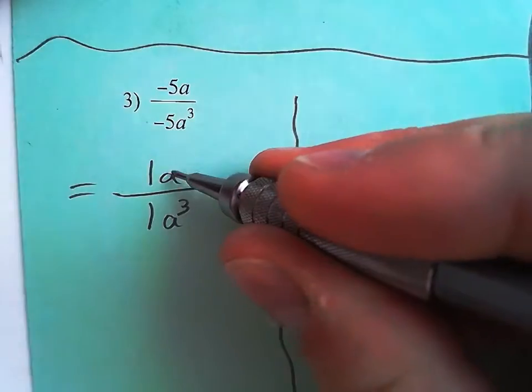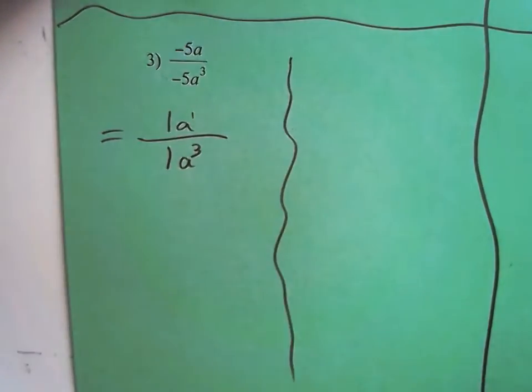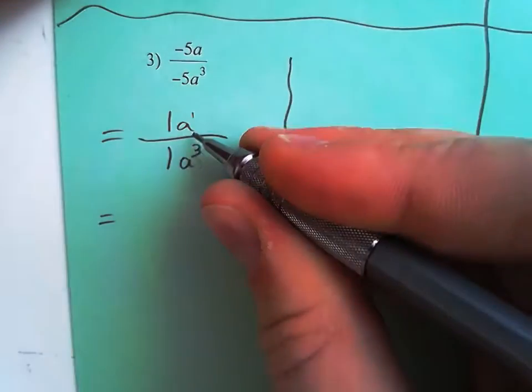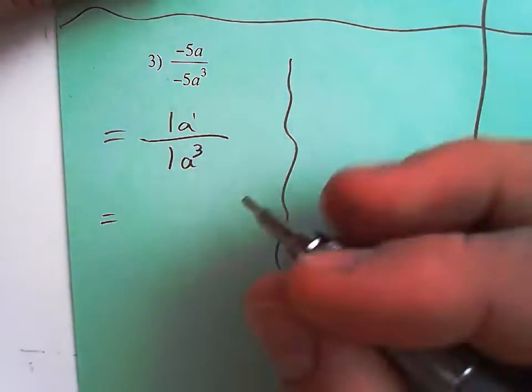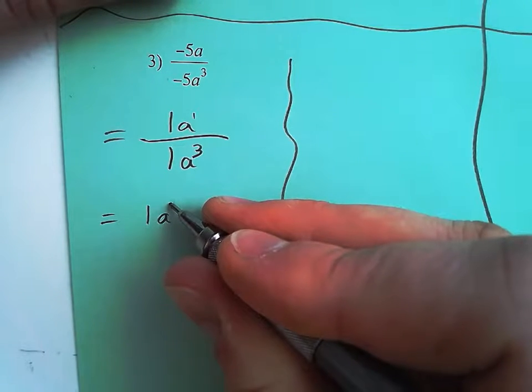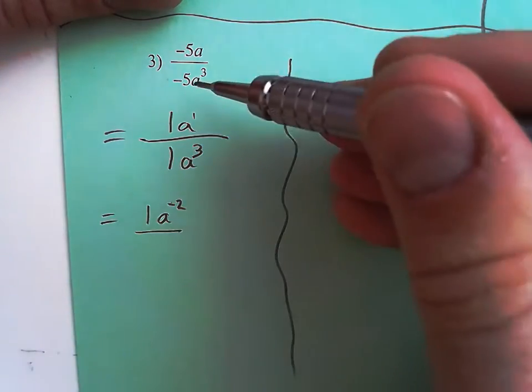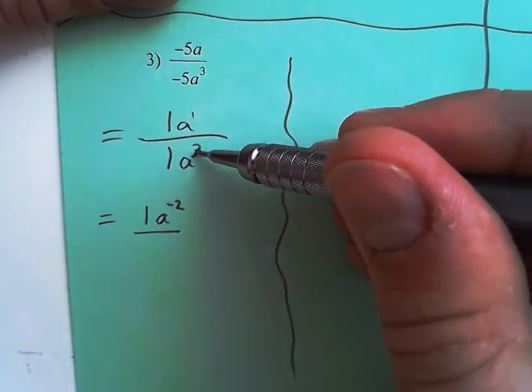Now that's a to the first, like we talked about a second ago. And we're going to subtract the exponents, just like we did on number 2. So it's 1a to the 1 minus 3. 1 minus 3 is -2. You subtract the top exponent minus the bottom exponent.